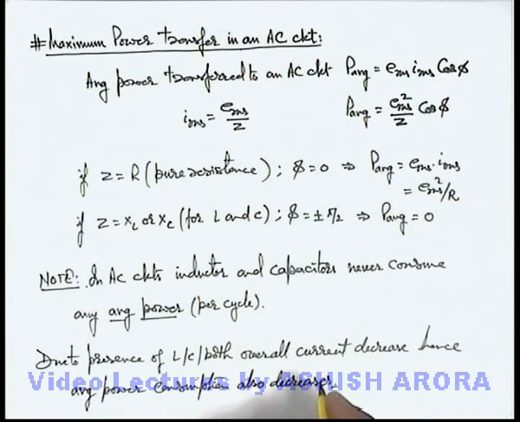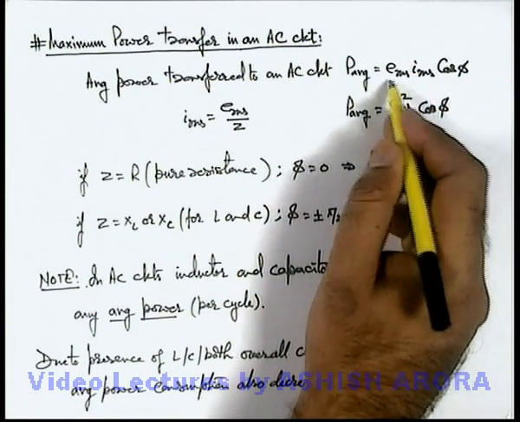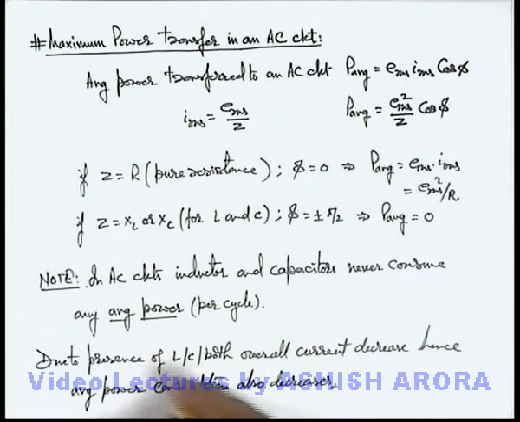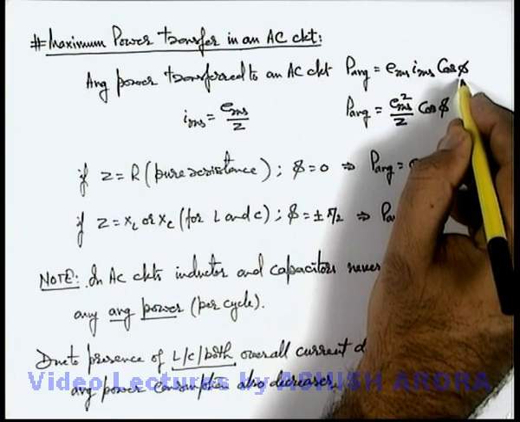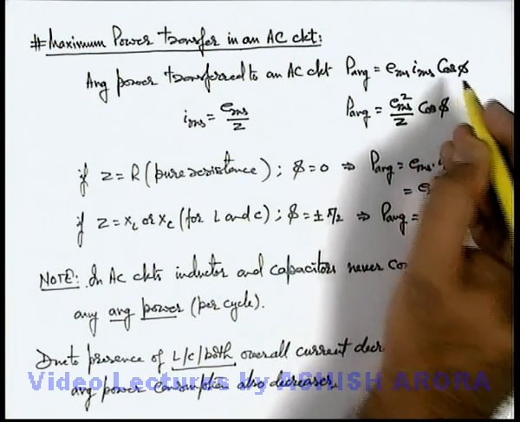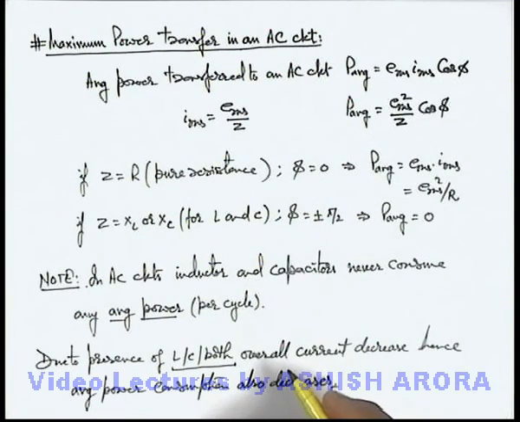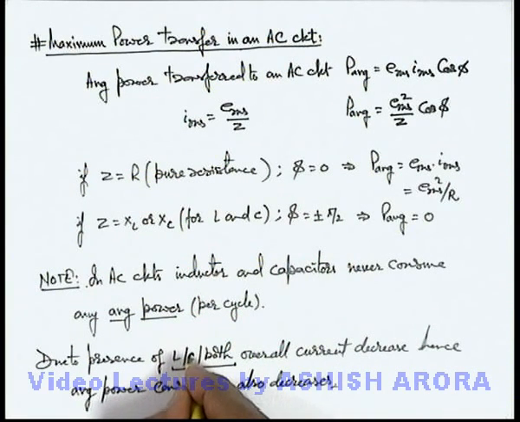So we can directly state if current is decreasing, average power consumption will decrease, and due to L or C or both, the value of cos phi in the circuit will also be less than 1, due to which overall average power consumption decreases if L and C are present.